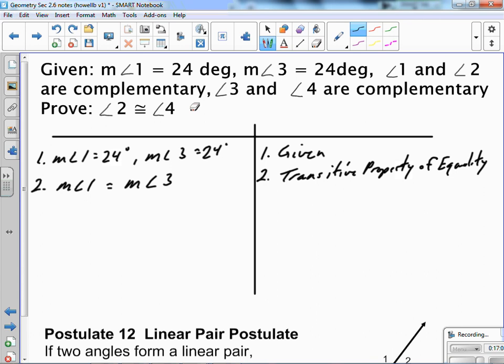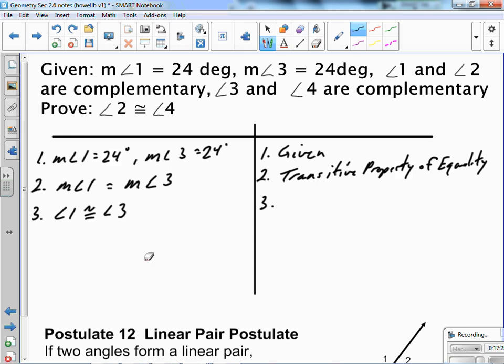Now, we're talking about things being equal right now. We want to end in congruent, so I'm going to switch from equal to congruent. So since the measures are equal to each other, then I can switch to say that angle 1 is congruent to angle 3.